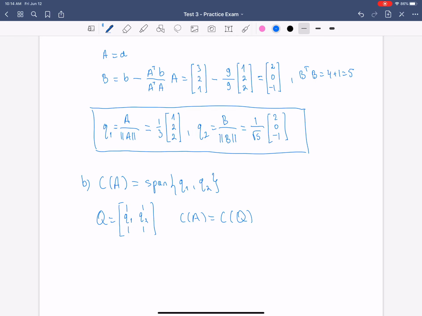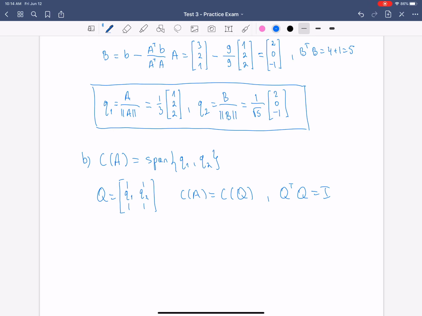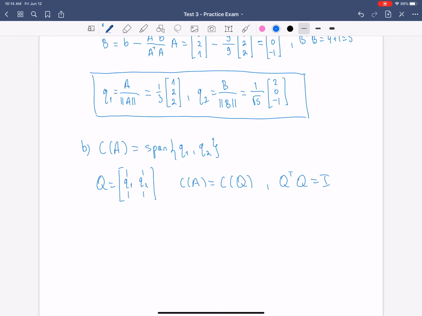But what is nice about this Q is that its columns are orthonormal, and so we know that Q transpose Q is just the identity matrix. Now, what was the formula for a projection matrix?